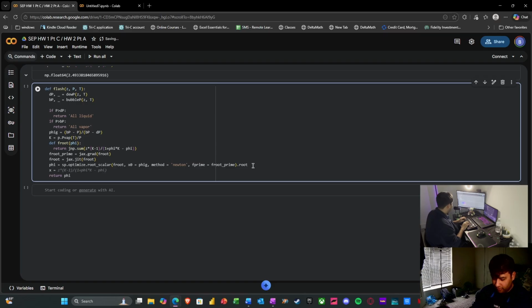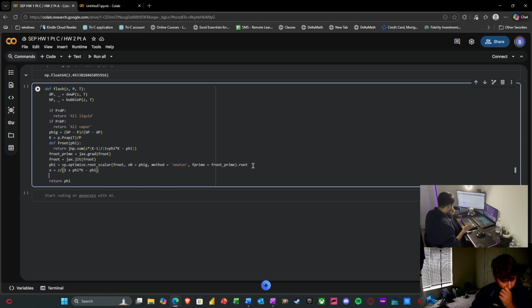We're going to have our x defined as z divided by 1 plus phi times k minus phi, which is similar to our previous equation, but slightly different. And then we have y equals k times x. And then we want to return phi, x and y.